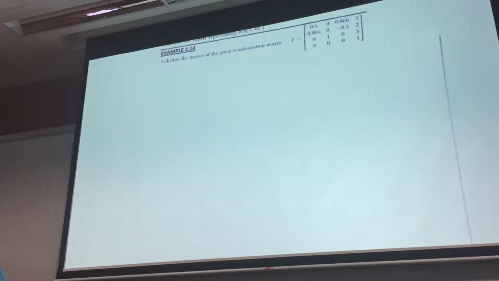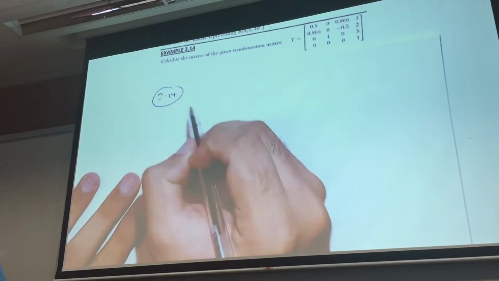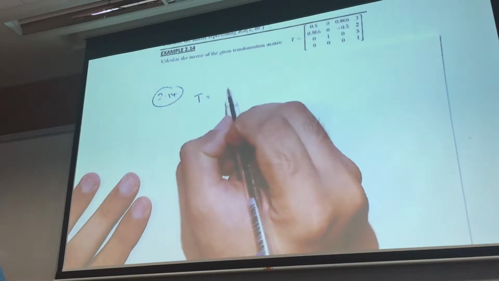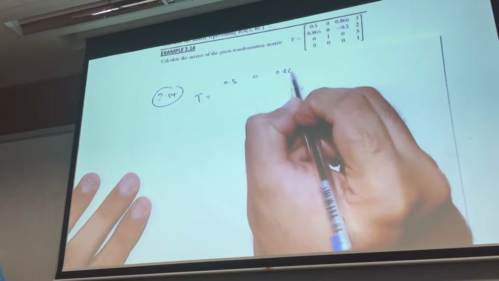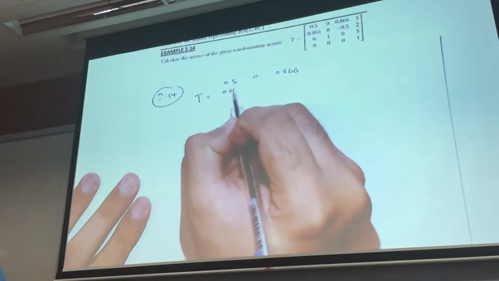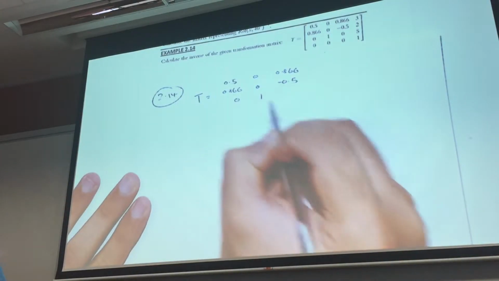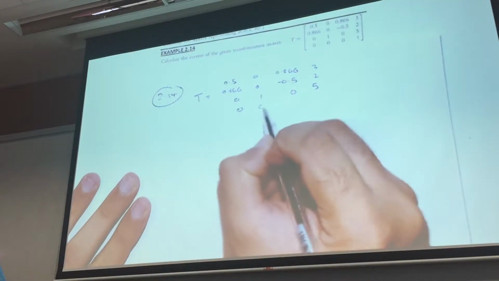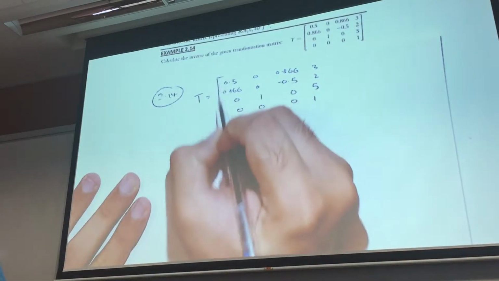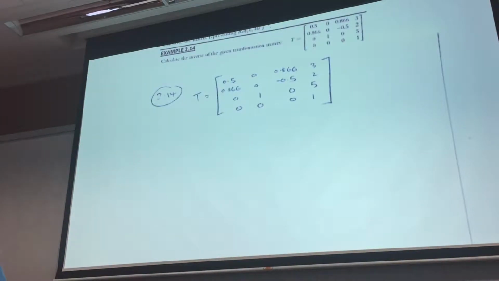I have given you this particular 4x4 transformation matrix. Okay, this is what I have given you in the example.